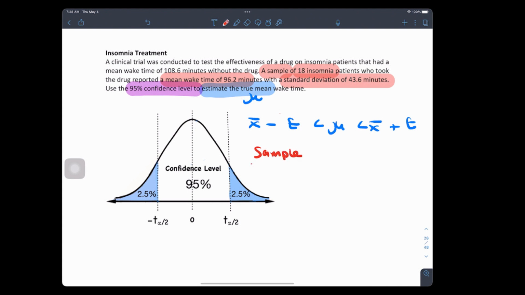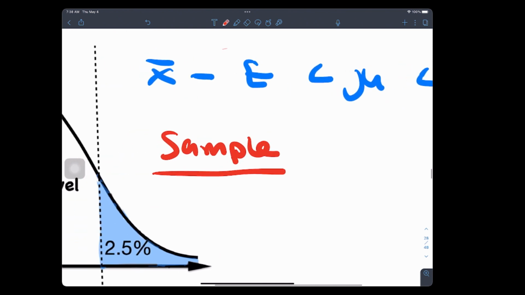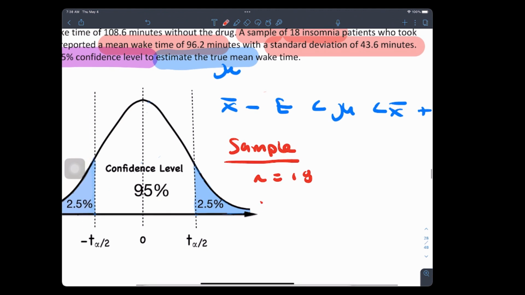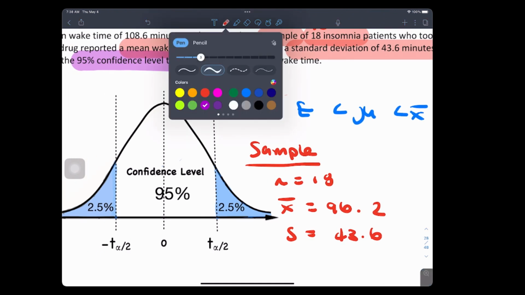A sample of 18. Isn't that the sample size? That's small, isn't it? I've got to know that. The mean wake time with the medication was 96.2, the standard deviation was 43.6, and the confidence level is 95.